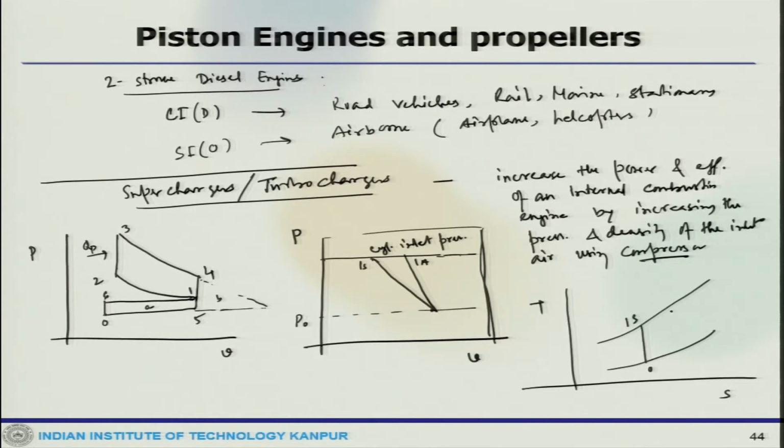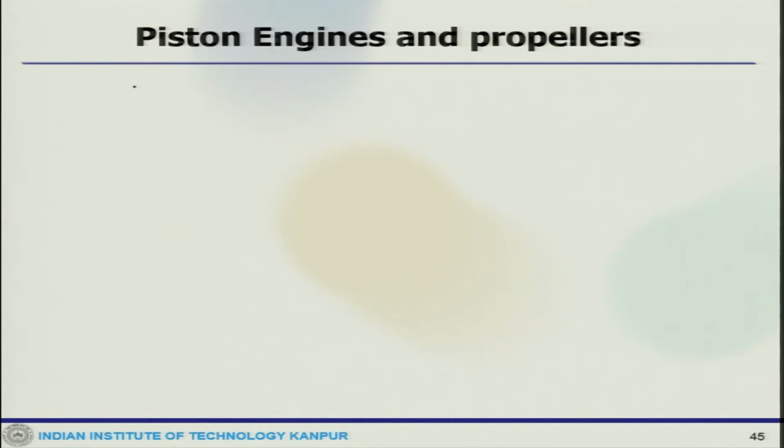Here the boost pressure P 1 is greater than the ambient. To get the net power, the indicated power is the area under the curve 1, 2, 3, 4 plus the area under the curve 0, 6, 1, 5.